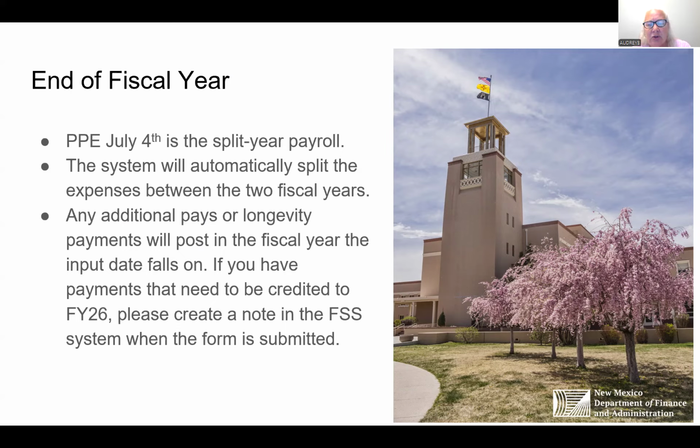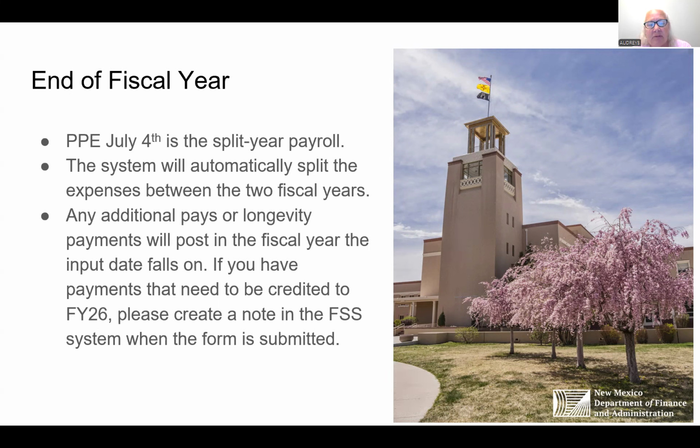Additionally, any additional pays or longevity payments that need to be posted in the fiscal year will post on the date that the input falls on. So if you put it on June 30th, it will default into FY26. If it is entered on July 1st, it should default into FY27.